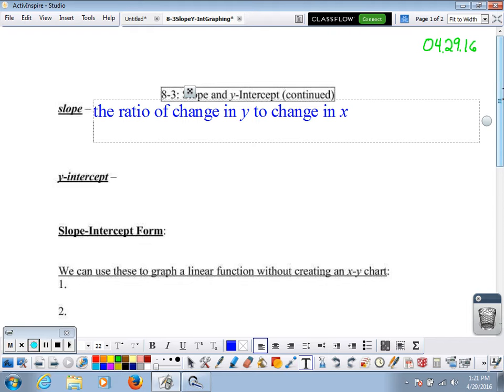It was three little words. What were those three little words? Jesse? Rise over run, exactly. We're talking about how much it goes up or down and how much it goes left or right. The change in y over the change in x.